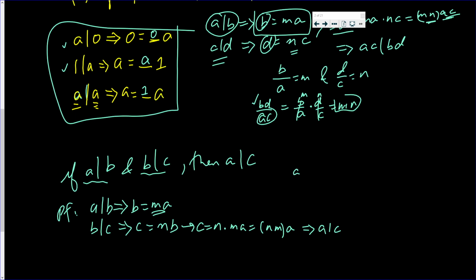Now, if a divides b, well, a goes into b m times. That's basically what it says here. And if b divides c, b goes into c n times. Well, does a go into c?